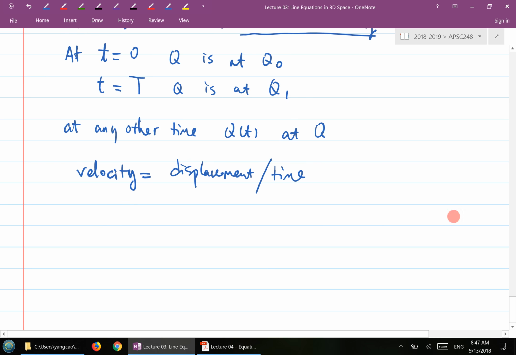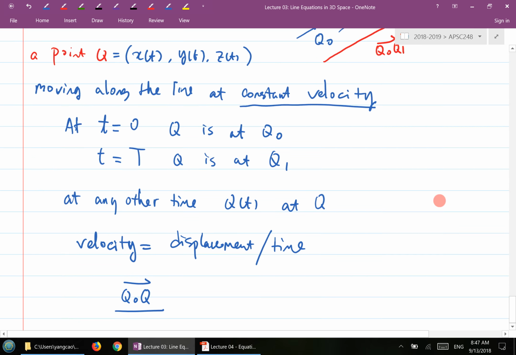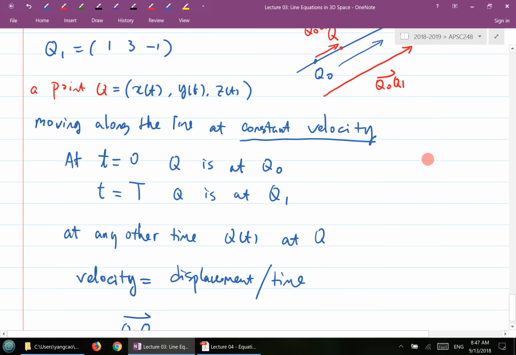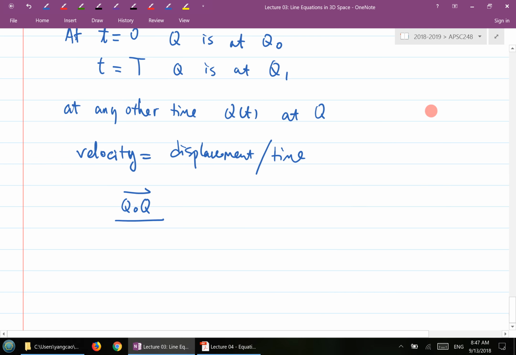Now then, I'll use this simple equation here, velocity equal to displacement over time. If I use Q0Q, that's the displacement, divided by the time. Now if you look at from Q0 to Q, how much time does it take according to the description? Small t, right? That's our general t here.